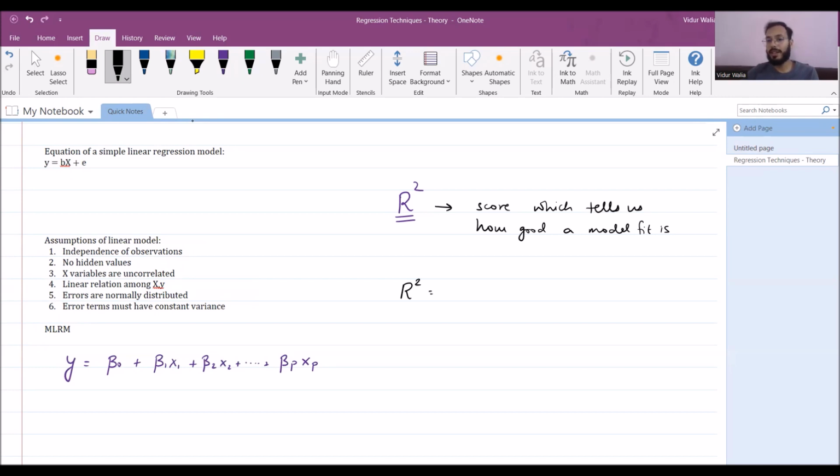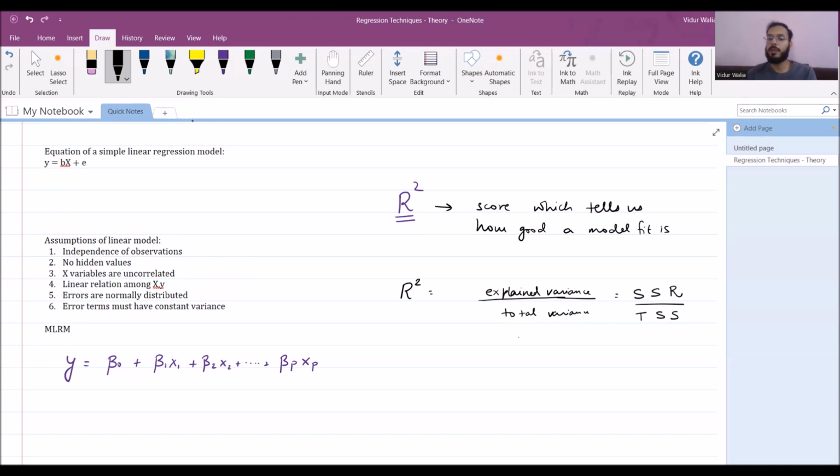sum of squares due to error, it basically takes the ratio of explained variance in the model divided by the total variance, or explained sum of squares, or we could also write sum of squares due to regression divided by total sum of squares.